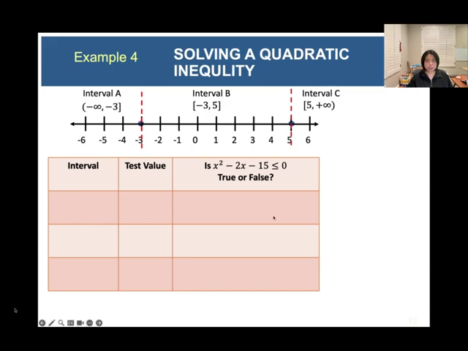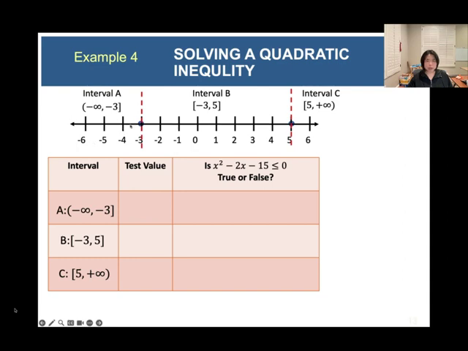Now we're gonna make the table here. First, we write down the intervals: interval A from negative infinity to negative 3, interval B, and interval C. Now, for the test value, you could plug in any number within the interval.